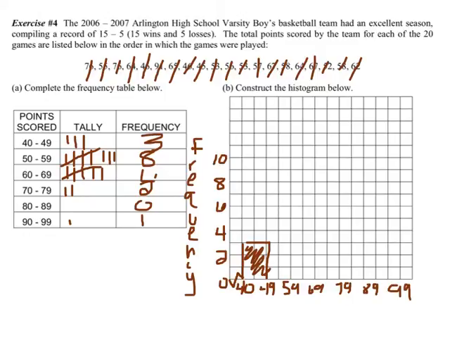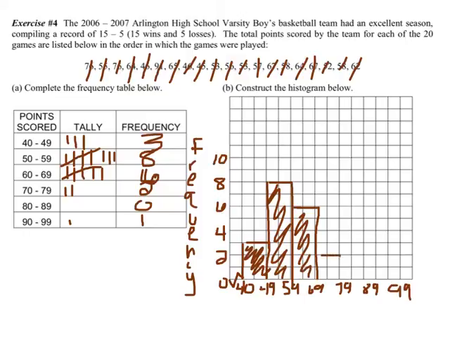The next one is 8, so I'm going to go right up to 8 and connect it, shade it in. The next one is 6, so right off the 8, no space. Notice there are no spaces in this histogram.